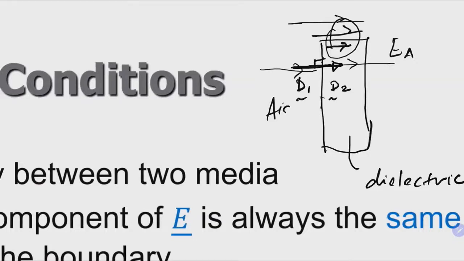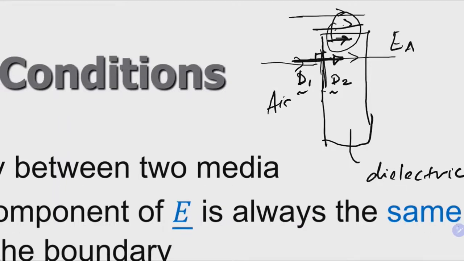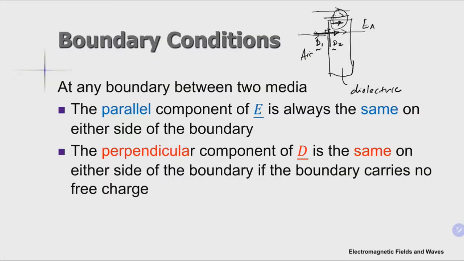At the side here, the boundary is perpendicular. On the top, the boundary is parallel. For parallel, the electric field is always the same on either side of the boundary. So if the field components enter into a different medium, it's different when the boundary is parallel or when it is perpendicular.